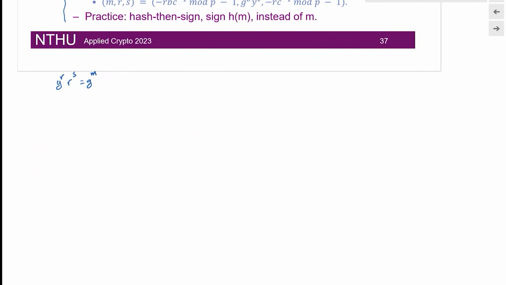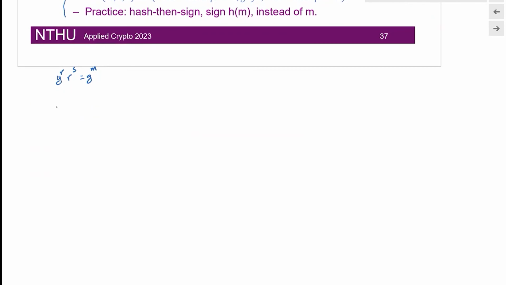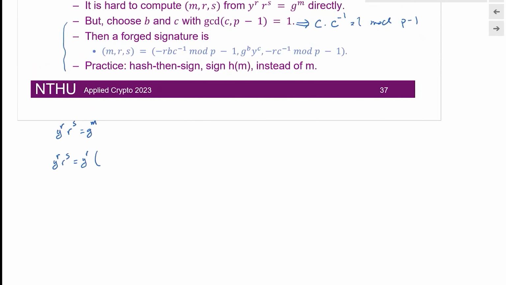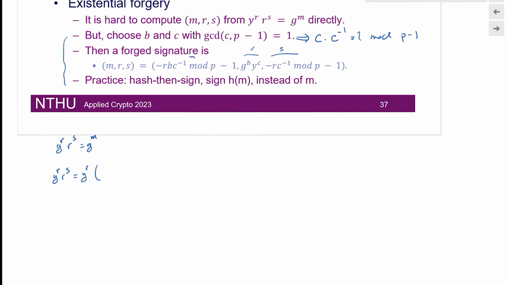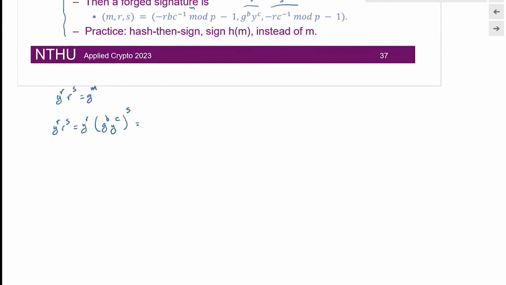So let's continue. Take the first part. We said Y to the R, R to the S equals what? So we keep Y to the R, and then we go for R. According to this new forgery, this is our R, this is our M, and this is our S. So our R is defined to be G to the B, and then Y to the C, and then to the power S. So let's continue with this.